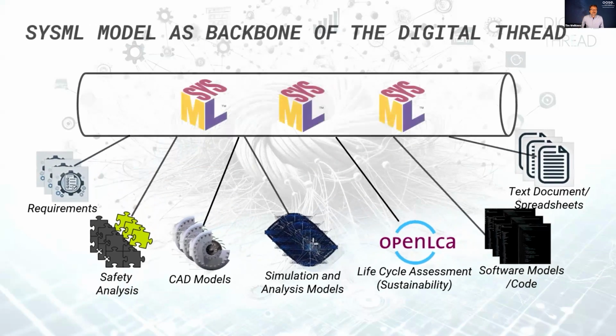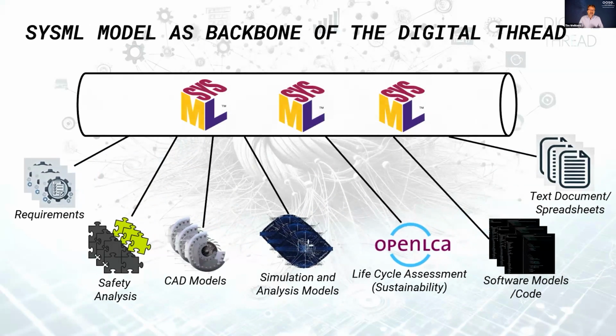And that's where SysML models come into the game. They describe the overall system, the requirements and the architecture. That means the problem space and the solution space. So it's naturally the glue logic between all the other engineering artifacts.